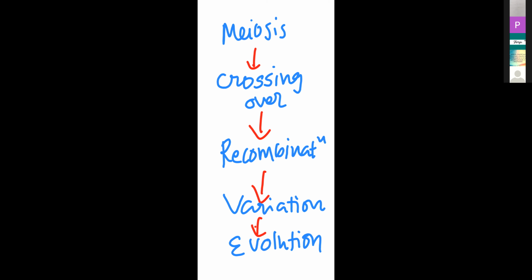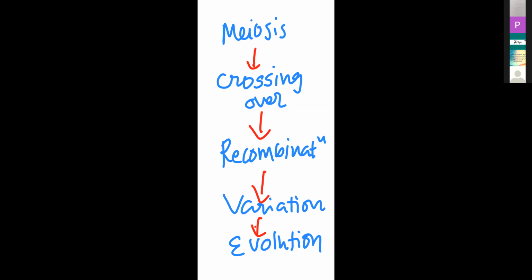Have you all understood? Whenever meiosis happens, at the time of gamete formation, crossing over will lead to new combinations of chromatids.